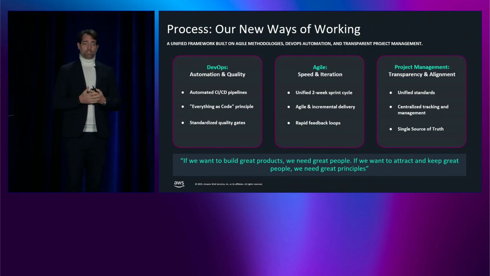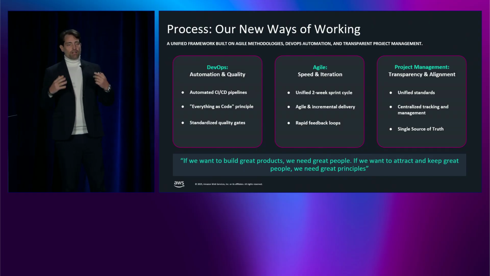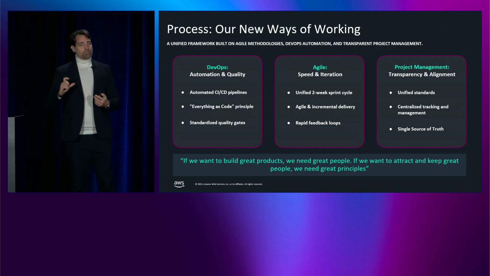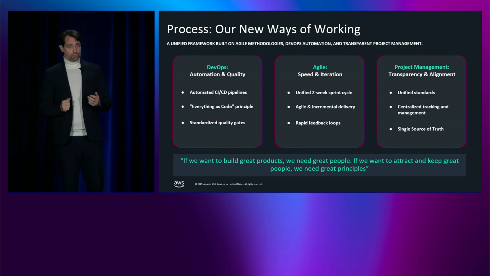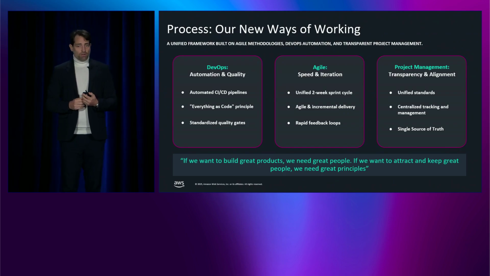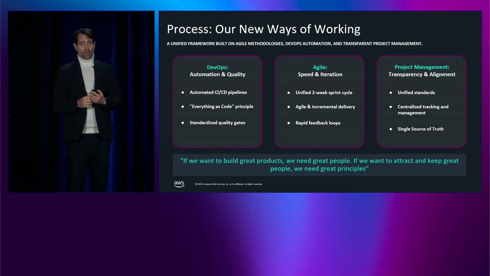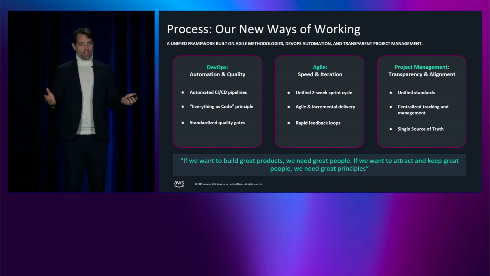The second one is we switched to agile. So we unified on 2 weekly sprints. And that was also a huge mindset shift for the business. I remember the first sprint when the business came back to me mid-sprint, they wanted to change all the sprint goals. And I said to them, no, we're not going to change all the sprint goals. And they looked at me surprised, saying, well, but I thought you're agile.